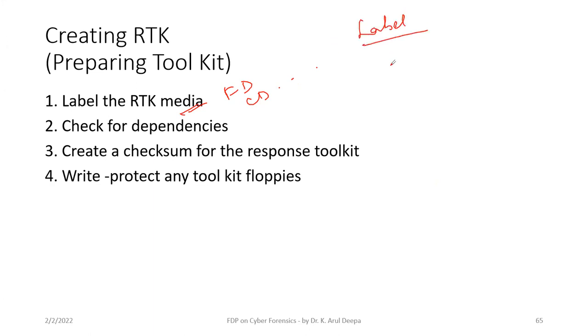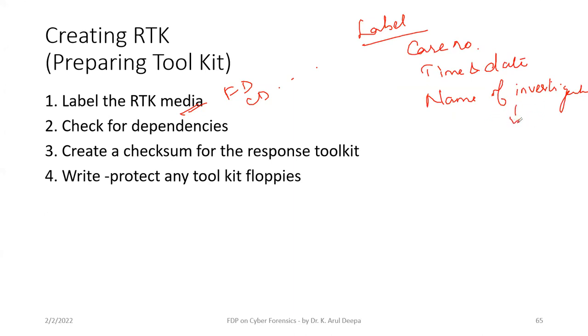Label in the sense that it must have the case number for which the RTK is created, the time and date of creation, the name of the investigator who created the response media, then the name of the investigator who is using the response media, and whether or not the response media contains output files or evidence.